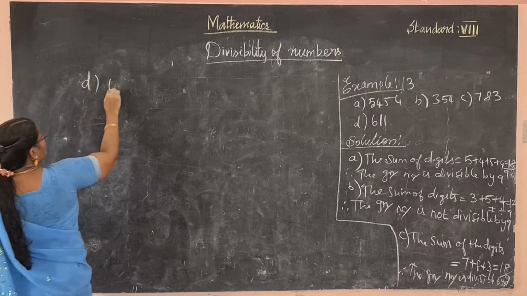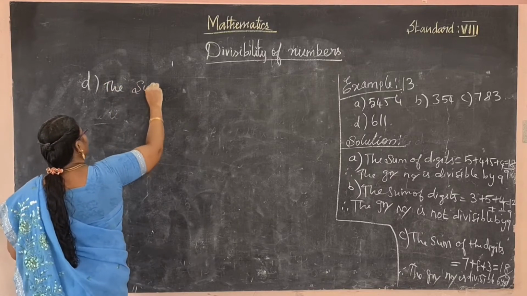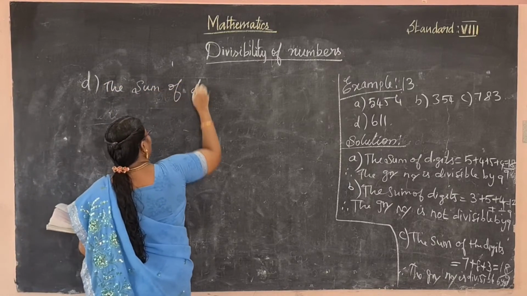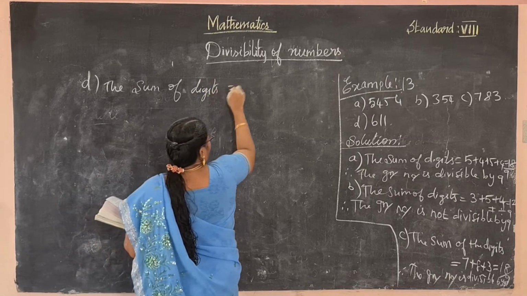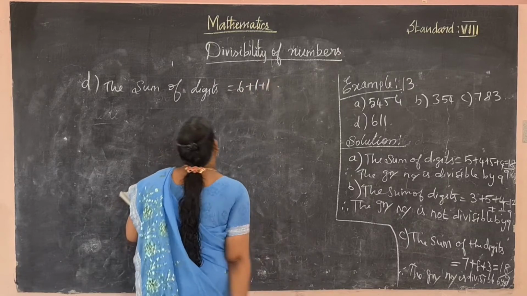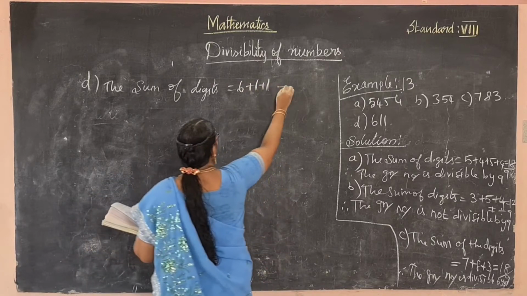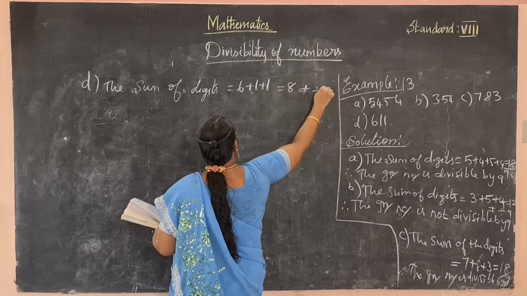And fourth one, D, 611. The sum of digits is equal to 6 plus 1 plus 1. What we get? 8. It's not divisible by 9.